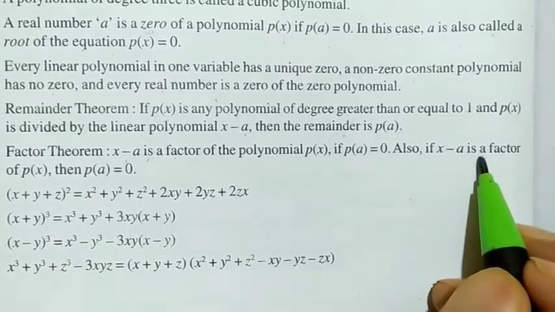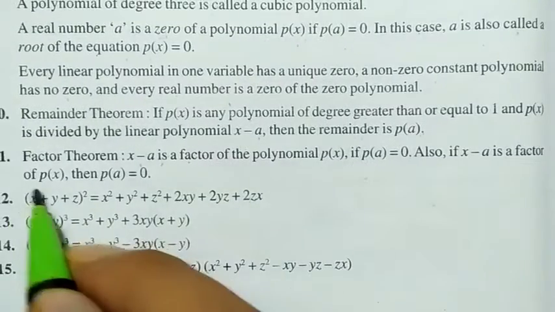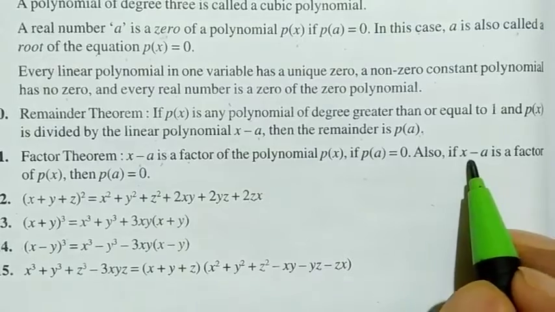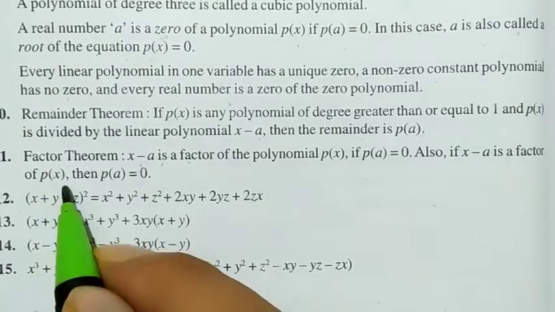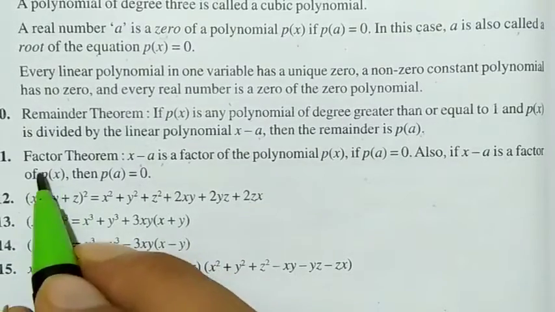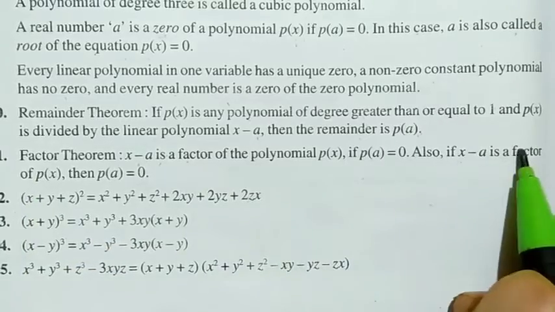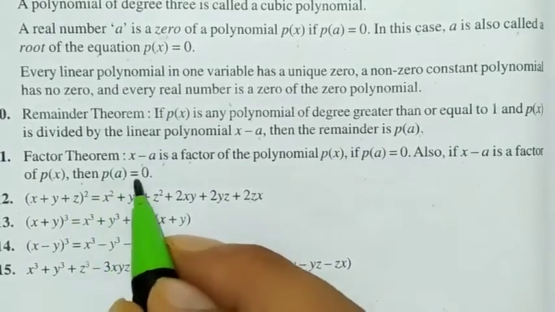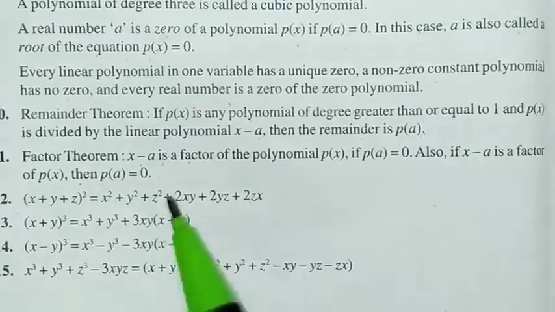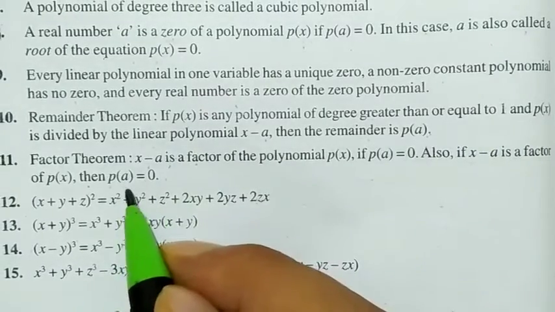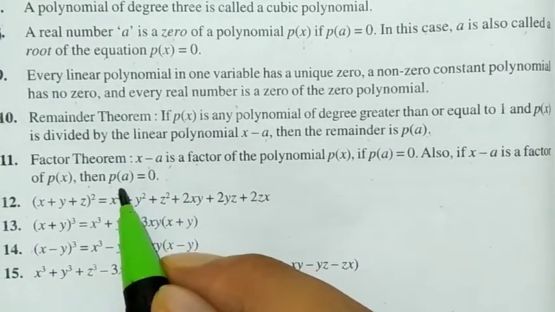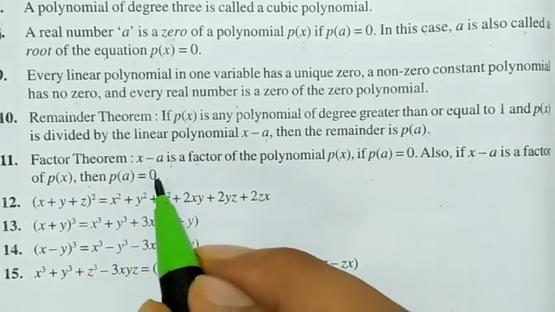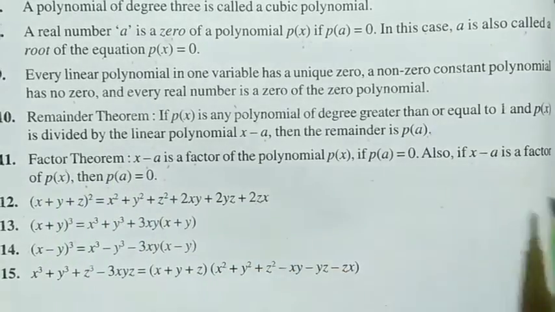Also, if x minus a is a factor of p(x), when we factorize p(x) and get the factor x minus a, then also p(a) = 0, meaning the value at x = a will be 0. So that is called the factor theorem.